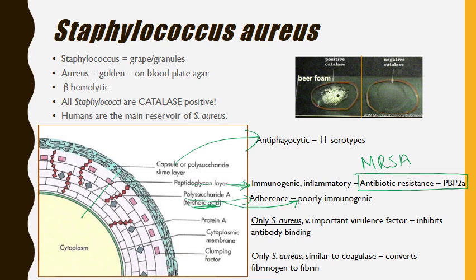An organism that is resistant to these and the related penicillins and cephalosporins is resistant because it's made changes in these penicillin binding proteins.